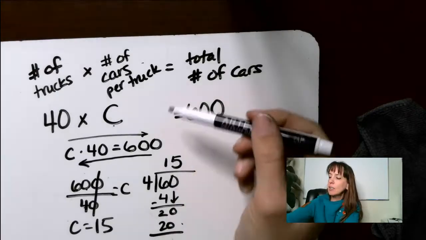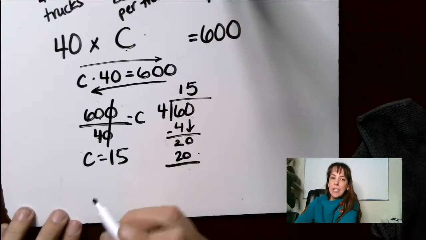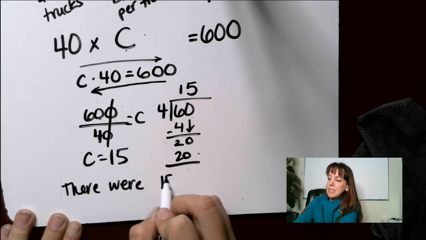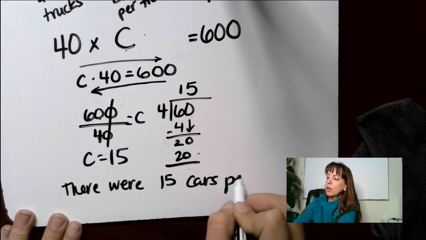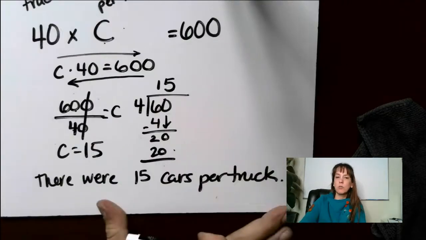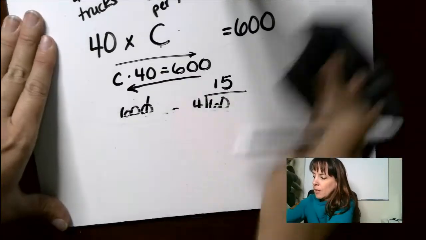Guys, we go back up and look. C equals the number of cars per truck. There were 15 cars per truck. Excellent.